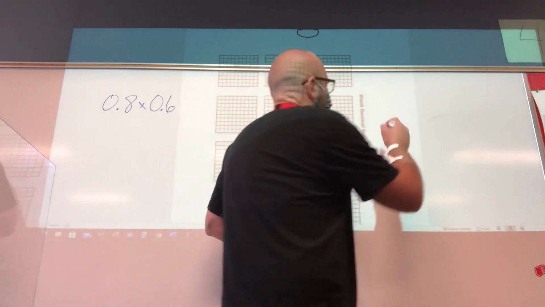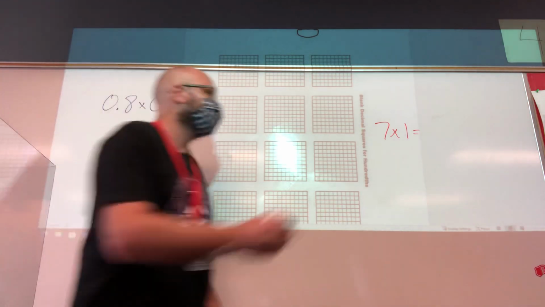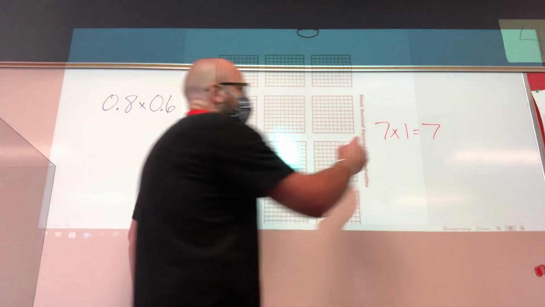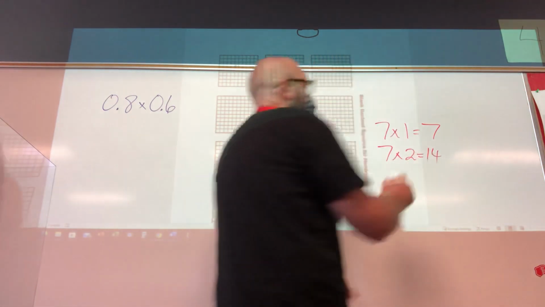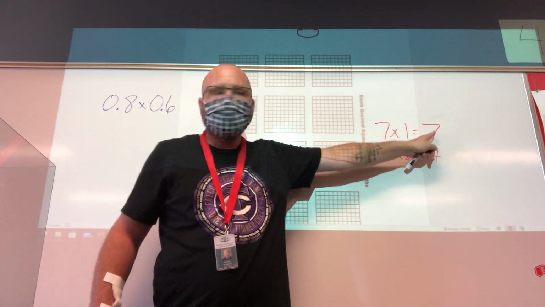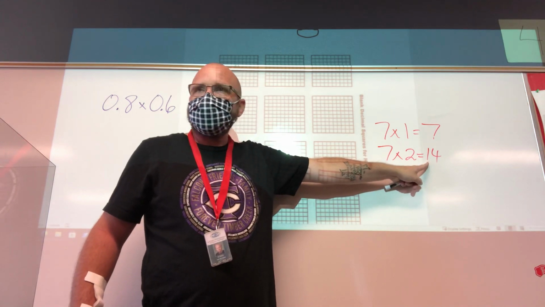Let's look at an example. 7 times 1 is 7. I'm going to pick a number bigger than 1. Okay, 7 times 2 is? 14. Okay, so 7 stayed the same when I multiplied it by 1, right? 7 got bigger when I multiplied it by 2, right?